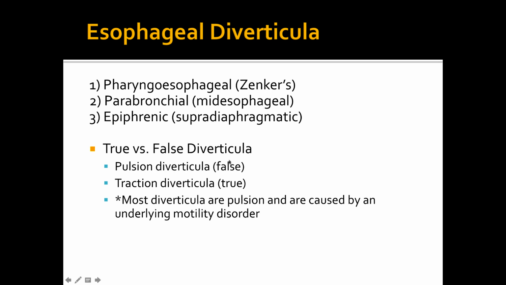So these are your false diverticula. Zenker's diverticulum occurs because there is cricopharyngeal narrowing or high pressure, so this is a false diverticulum. Epiphrenic occurs with maybe achalasia, so you'll have a false diverticulum being formed. And the parabronchial is usually a full thickness true diverticulum.